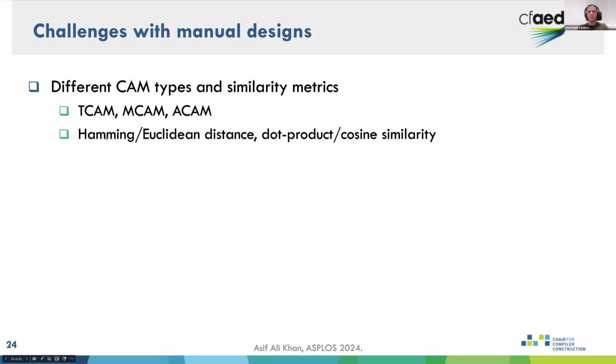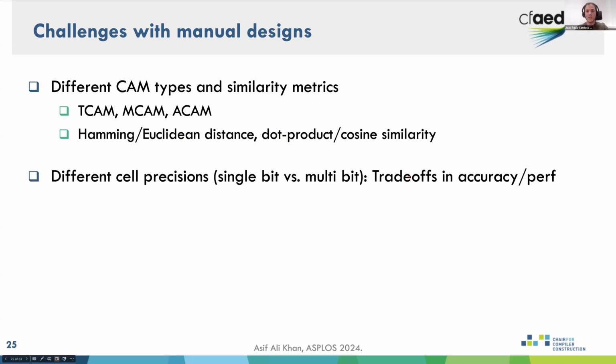For instance, if they support Hamming, Euclidean distance, or they support dot product and cosine similarity. Also, there are different cell precisions that, of course, are available and you cannot change in the hardware, but a general tool should take care of that, and should also take care of the trade-offs between accuracy and performance if you go from multi-bit precision to single-bit precision.